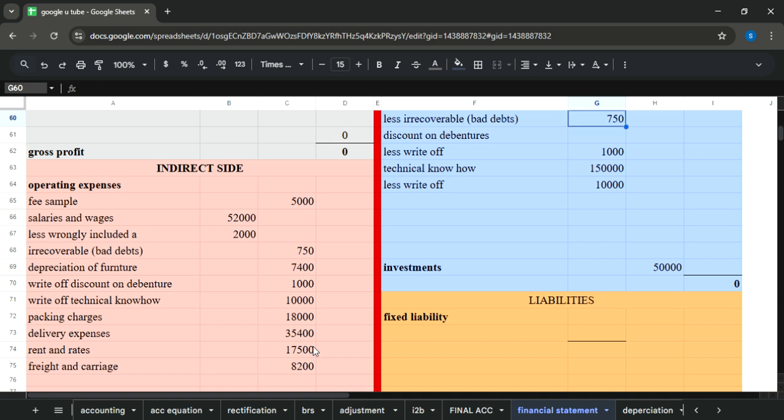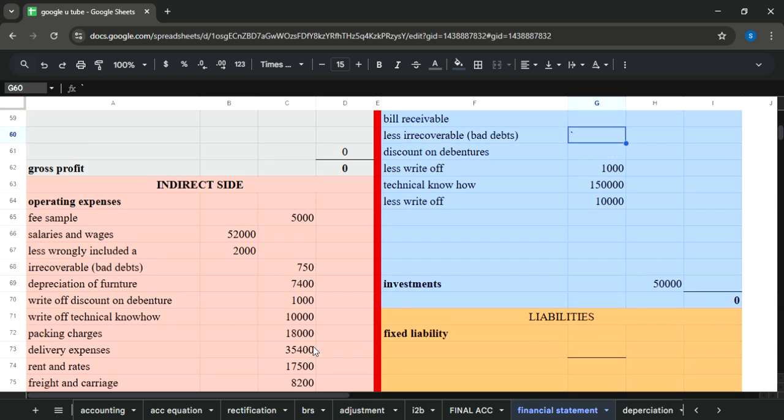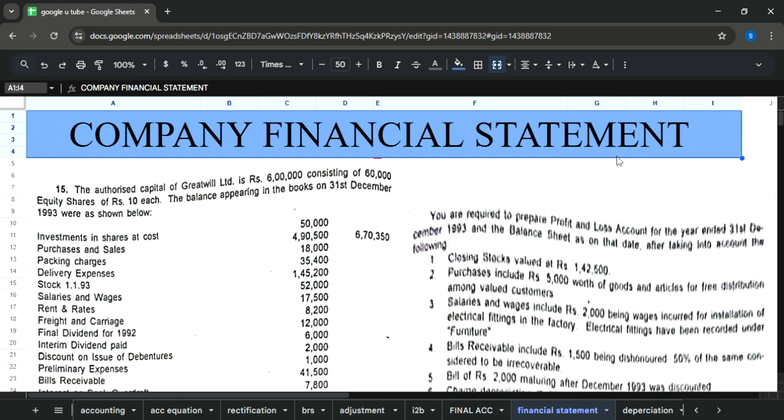Okay, here we are going to write 2,000 in current asset side. Note it down. Total discount on issue of debenture was supposed to be written on asset side, but some of the amount was written off, so remaining amount would be present in asset side. Alright guys, so final dividend, interim dividend, discount is written.